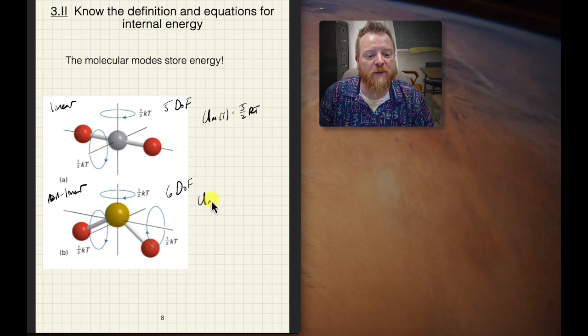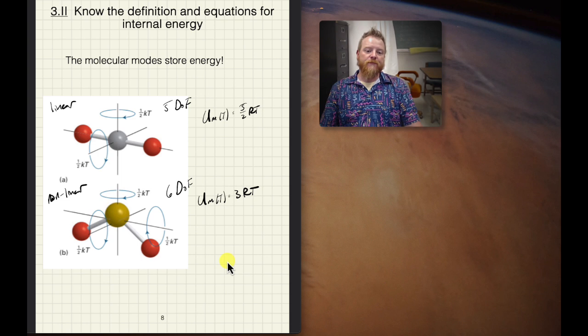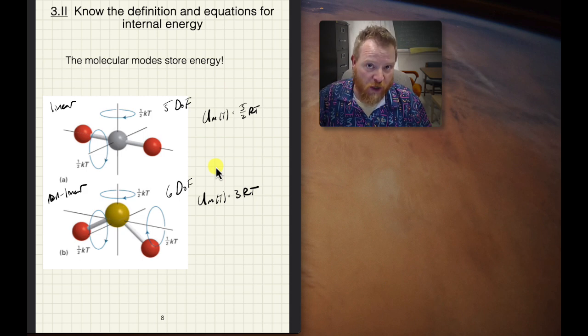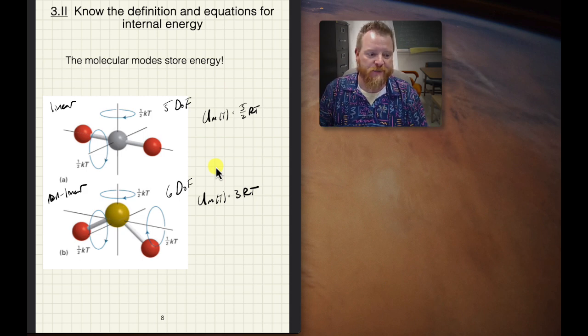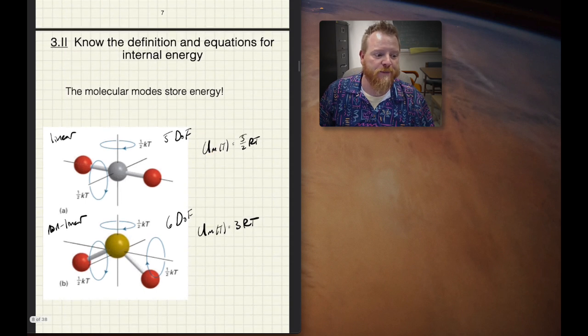So that means my molar internal energy for a representative nonlinear gas is 6/2 RT, or just 3 RT. So we can see there is a difference in the molar internal energy depending on what the structure of the molecule is. And again, that's because the molecular modes store energy.